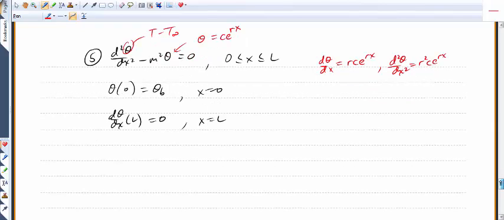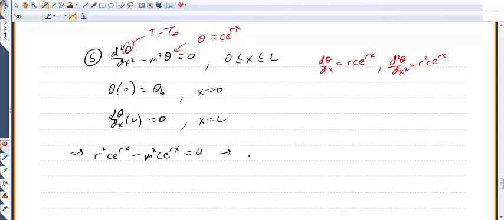So if we put this in our equation, we get r squared c e to the rx minus m squared times theta, which is c e to the rx, is equal to 0.